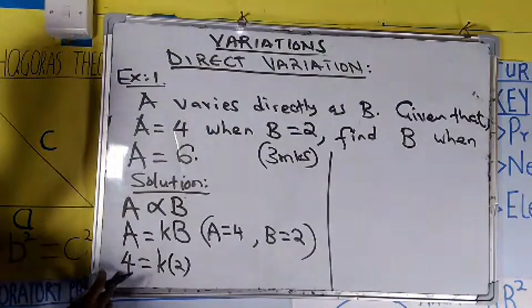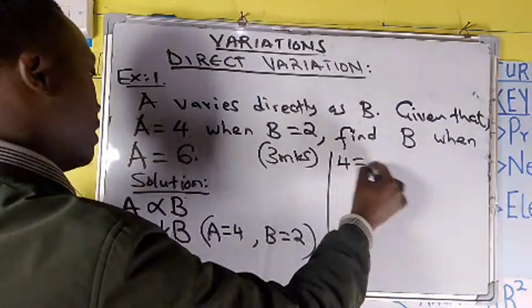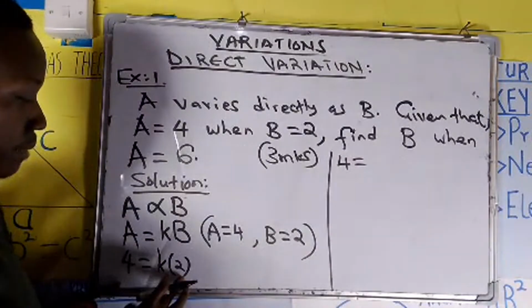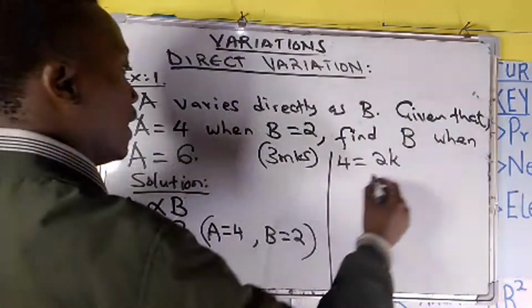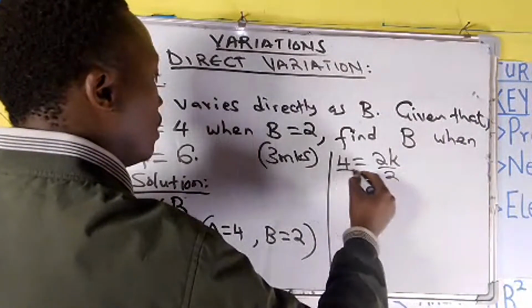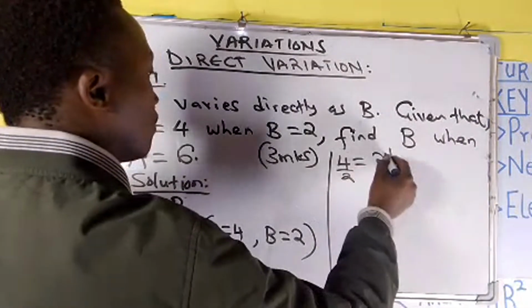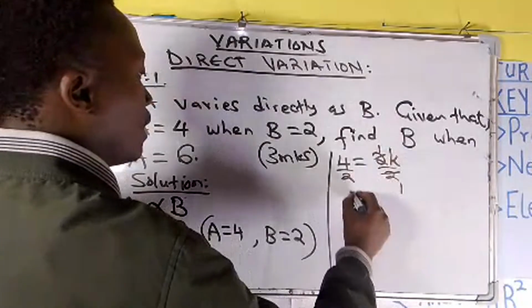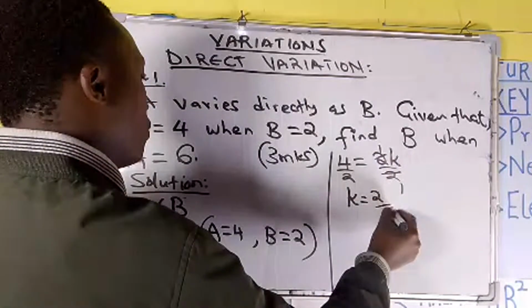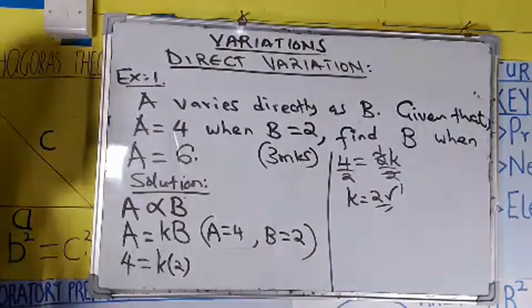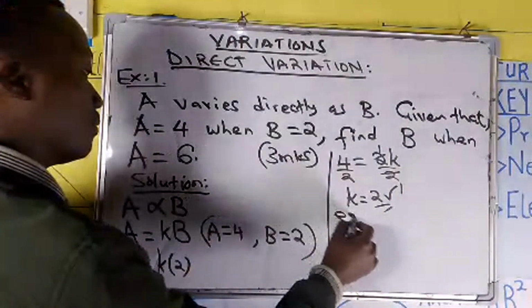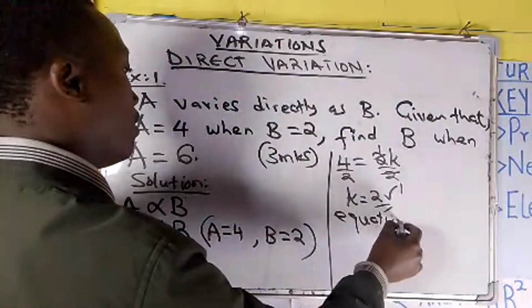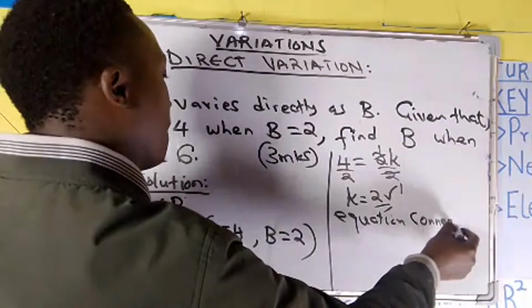We are going to get our K. 4 is equal to 2 times K, which is 2K. So we divide by 2 on both sides and we get K is equal to 2. When we get K is 2, we will now first write the equation connecting A and B.